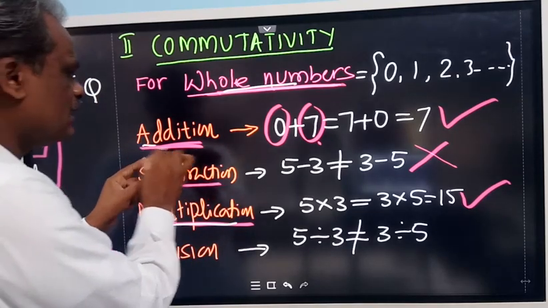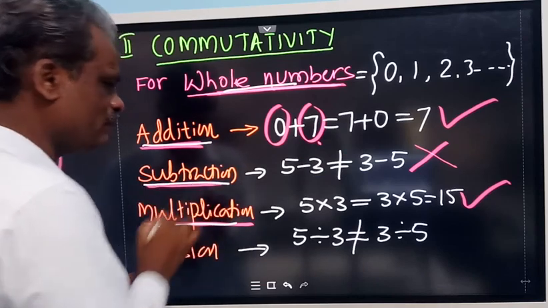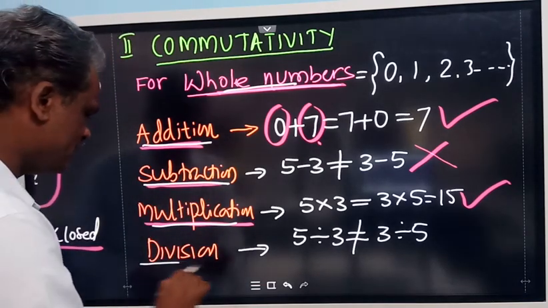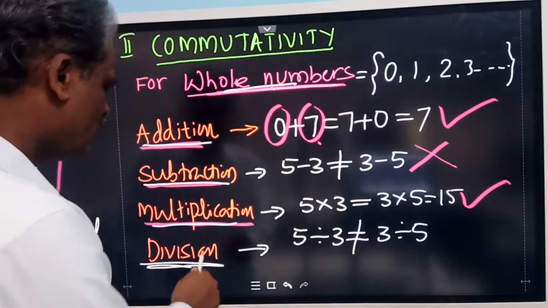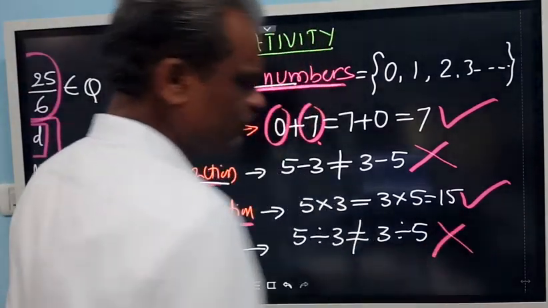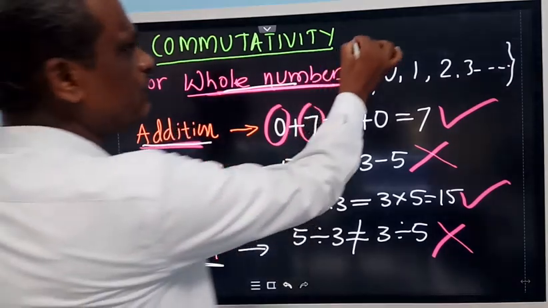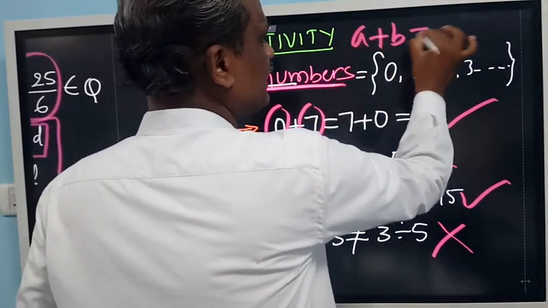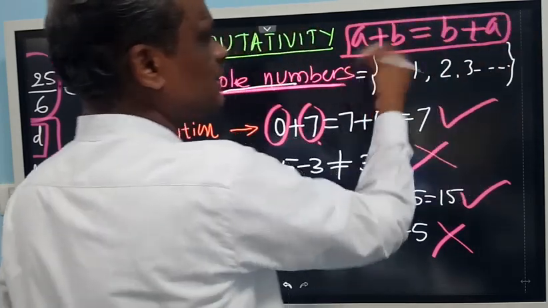Whole numbers are commutative under addition. Whole numbers are not commutative under subtraction. Come to this last operation. 5 by 3 is not equal to 3 by 5. Therefore, whole numbers are not commutative under division. See, this is the commutative property. What is commutative property? If A plus B is there, then it should be equal to B plus A. Addends are interchanged.